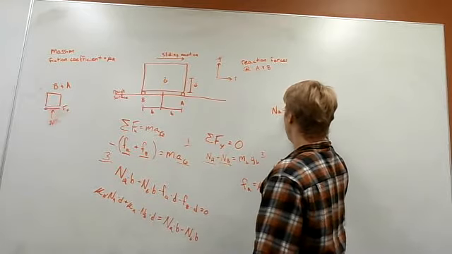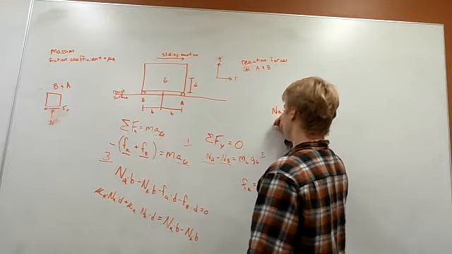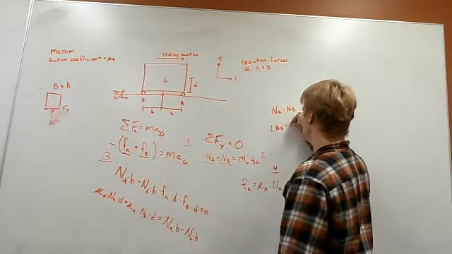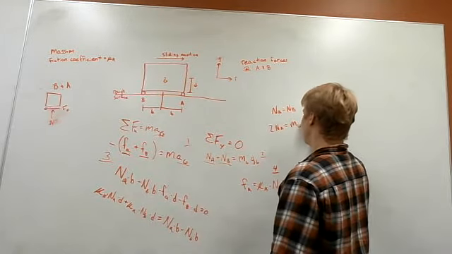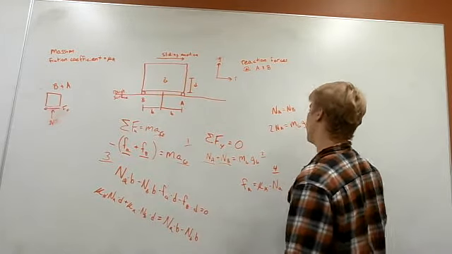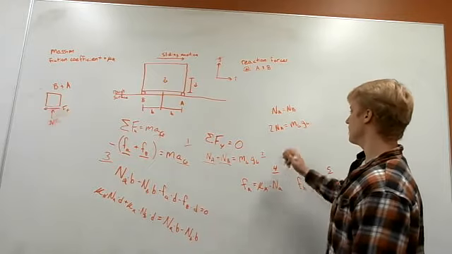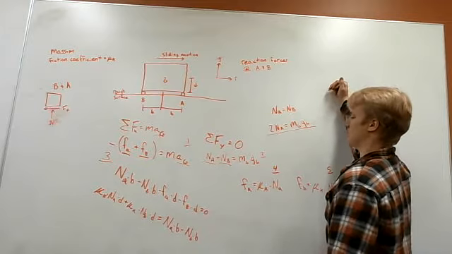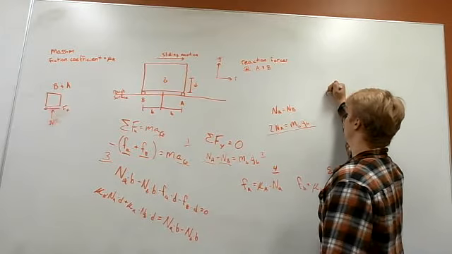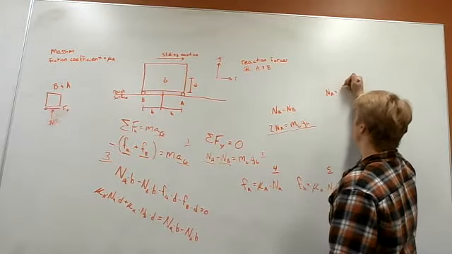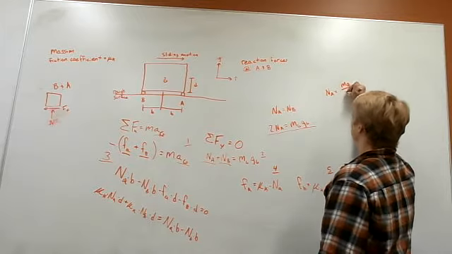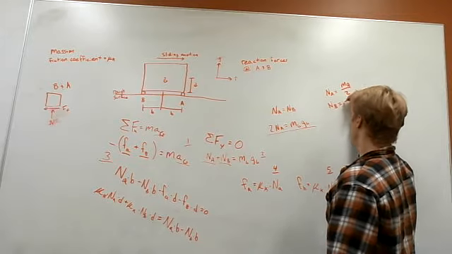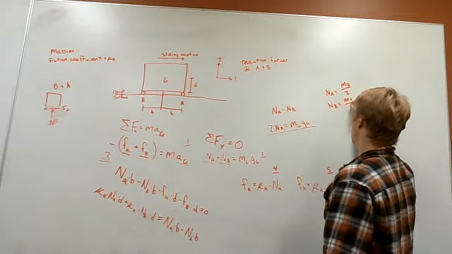NA equals NB. So we can just get 2 NA is equal to mg, the force of gravity acting on G. And then with this equation, we can infer that NA equals mg over 2, and that means that NB also equals mg over 2.